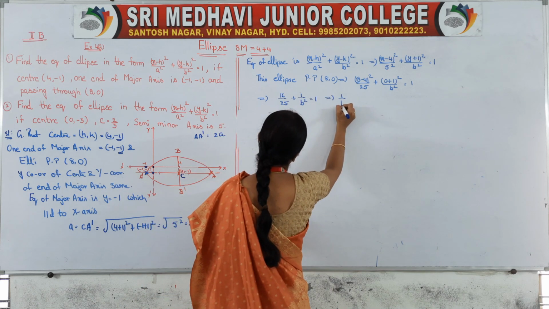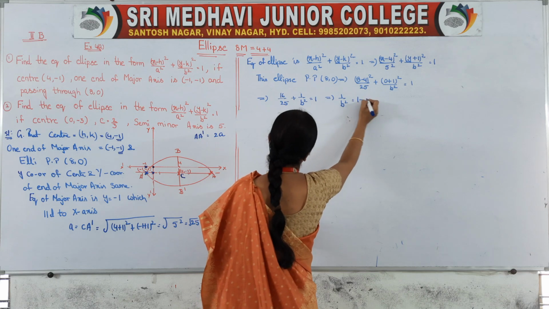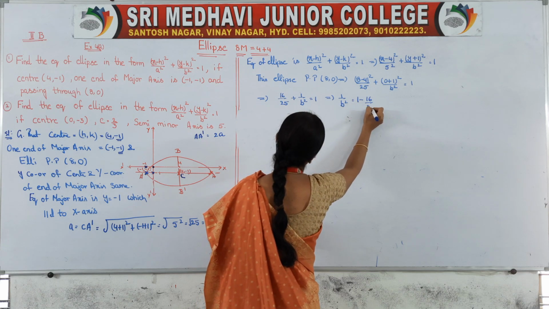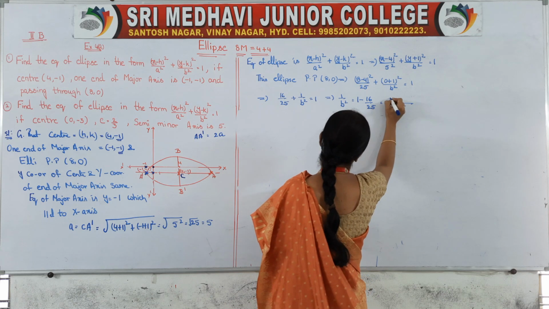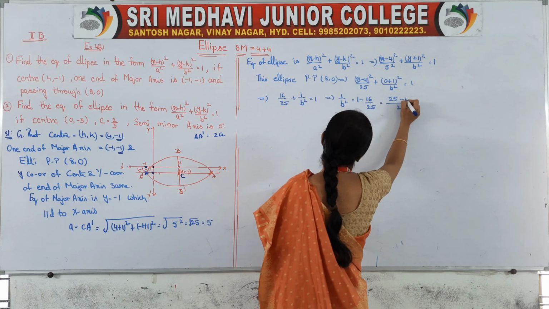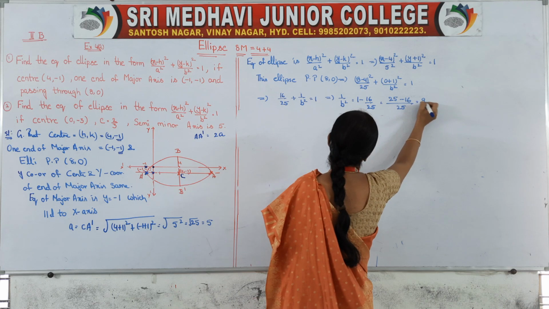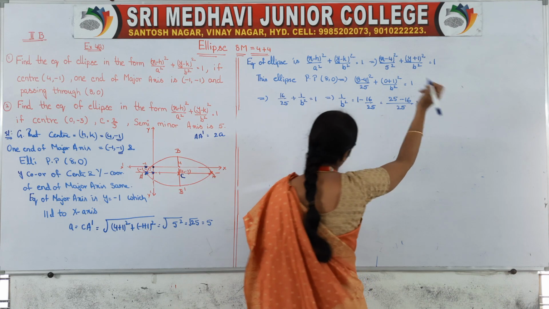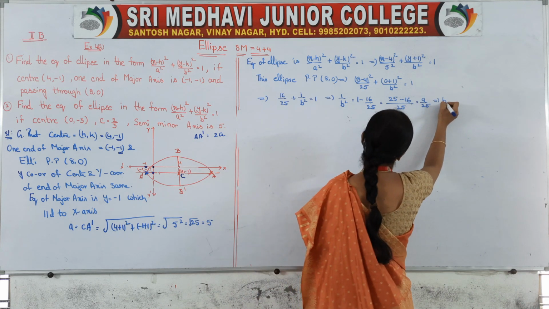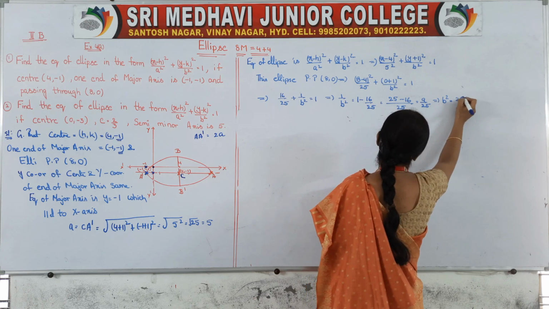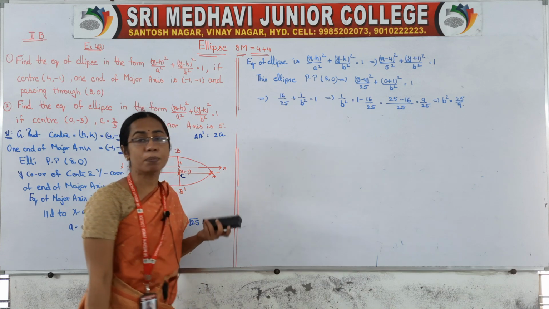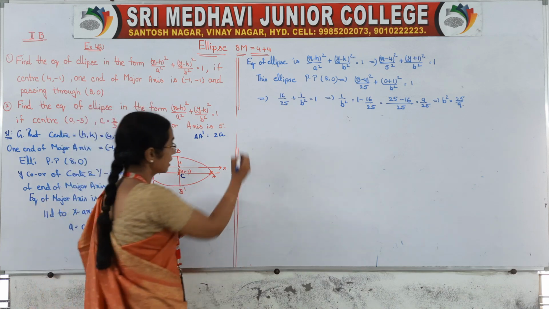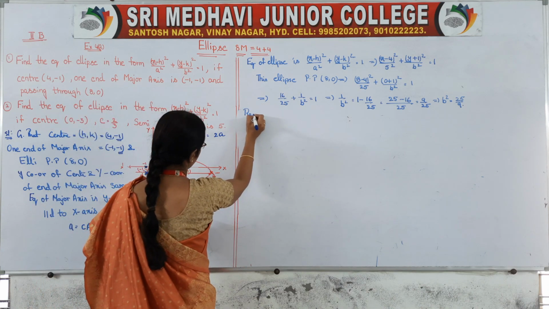So 1 by b square is equal to 1 minus 16 by 25. Take 25 as the LCM. 25 minus 16 is equal to 9 by 25. This implies b square is 25 by 9. You got your a value as well as the b square value. We can write the required ellipse equation.